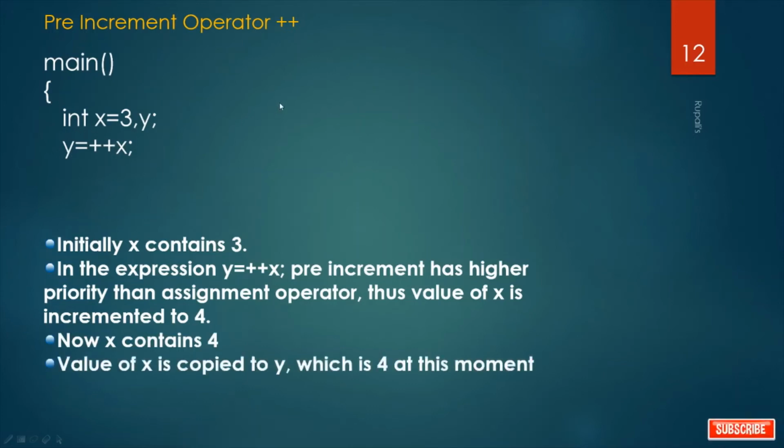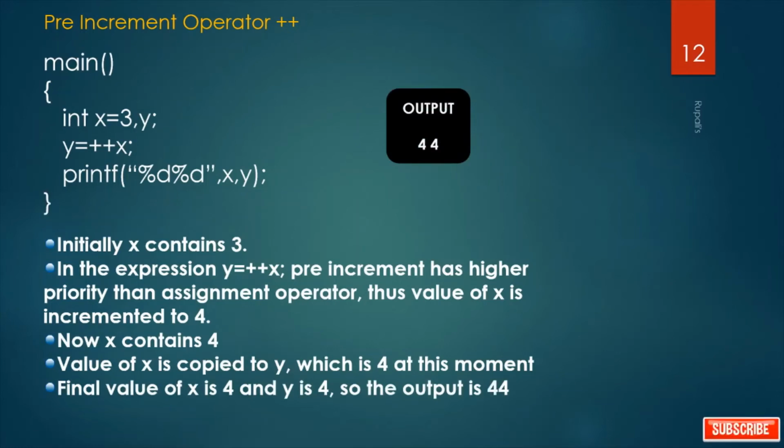When the value of x is copied to y, x is 4, so the value of y is also 4. When I print, it will print 4, 4.